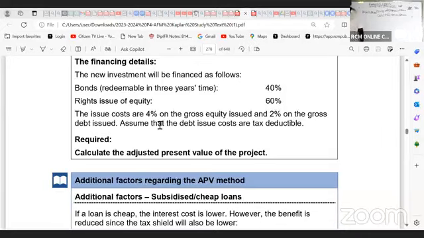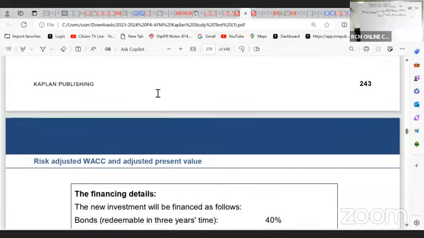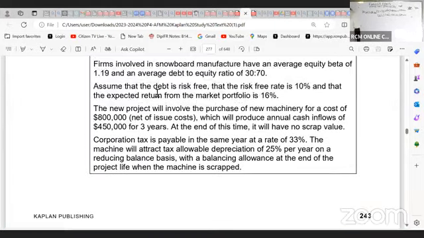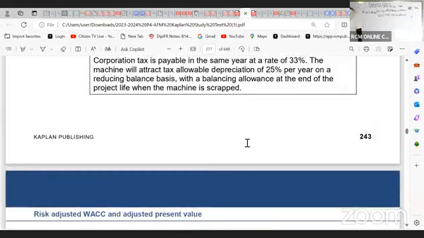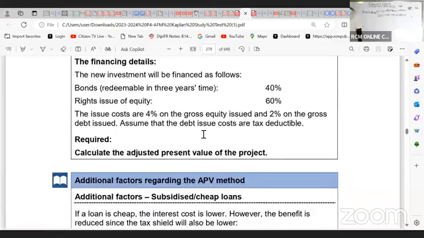Remember this figure, the 800,000, first of all, was net. The new project will involve the purchase of new machinery for a cost of 800,000, net of issue costs. And then the issue costs have been given down here as a percentage.